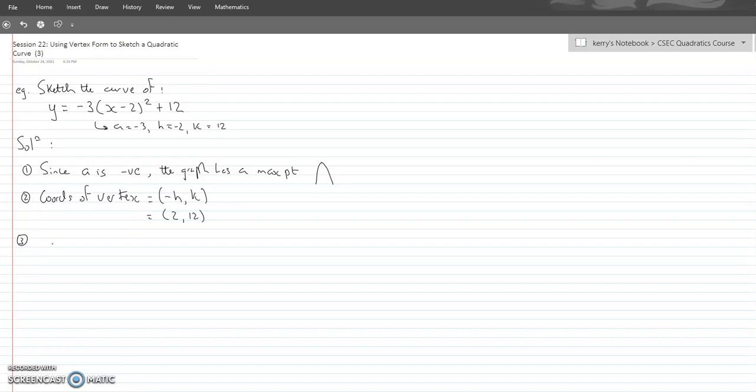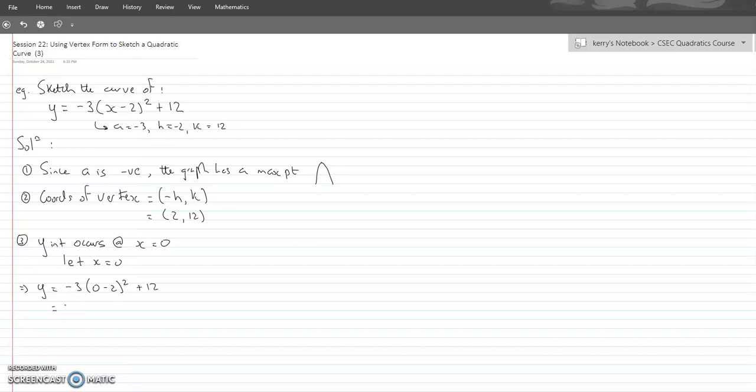The third one now is your y-intercept. Remember from the last couple of videos, the y-intercept is on the y-axis, so it occurs at x is equal to 0. So we let x be equal to 0 in the original equation. We get y is equal to -3 into (0 minus 2) squared plus 12.